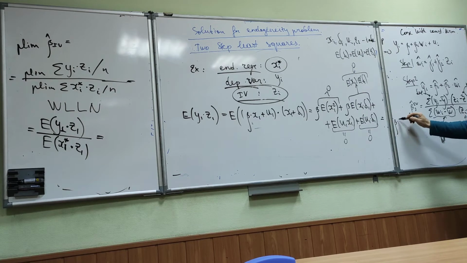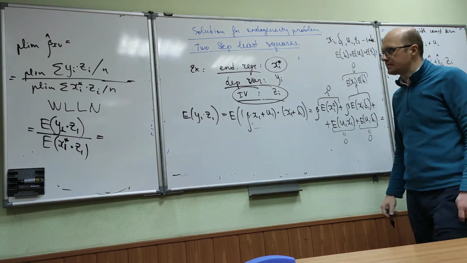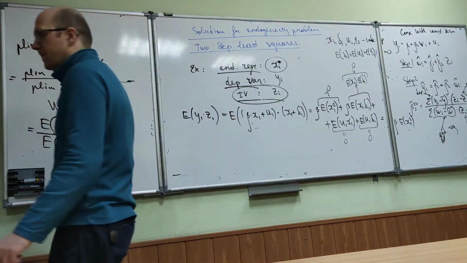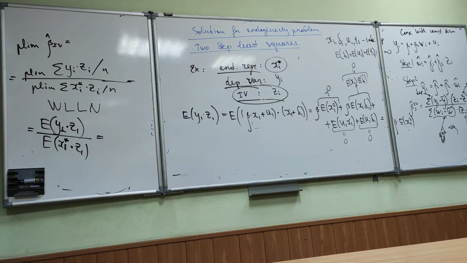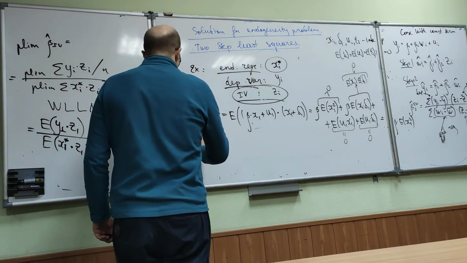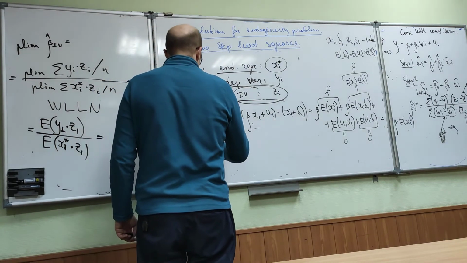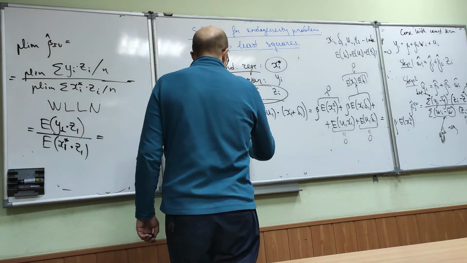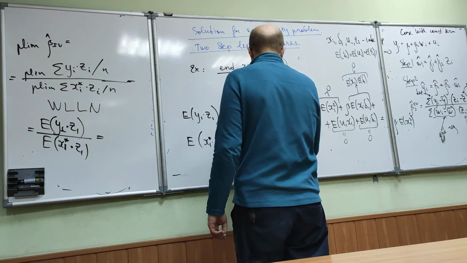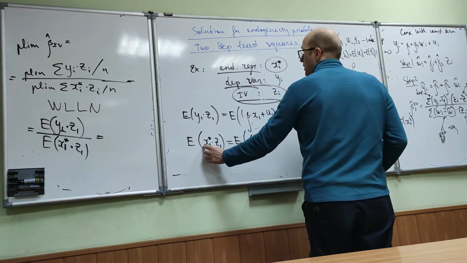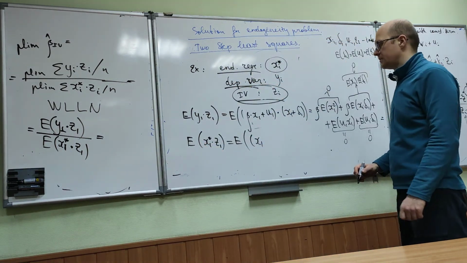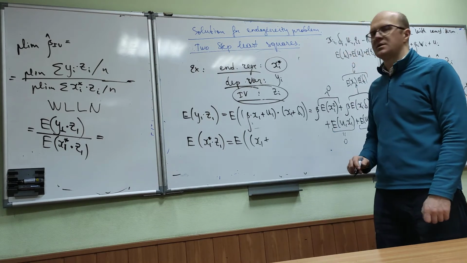It will be beta times the expected value of x1 squared. Let's check the denominator. What is the expected value of x1 star times z1? What is the self-reported number of Khachapuri eaten? It's x1 plus what?